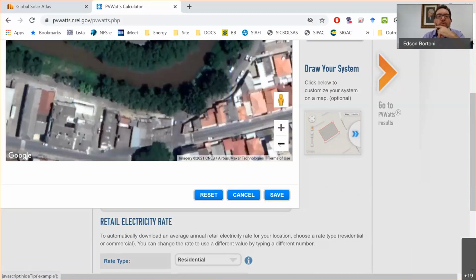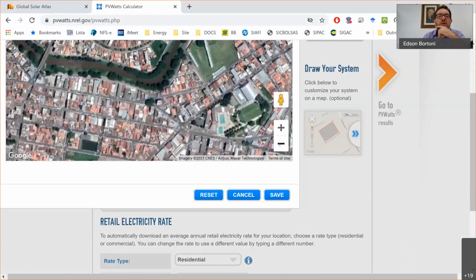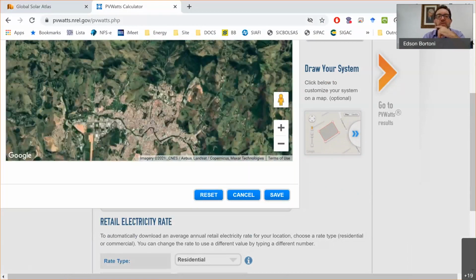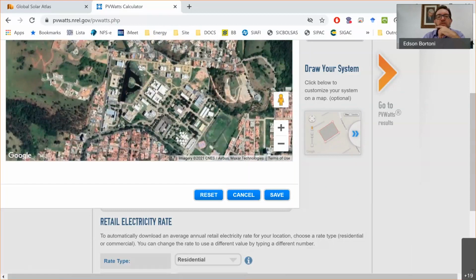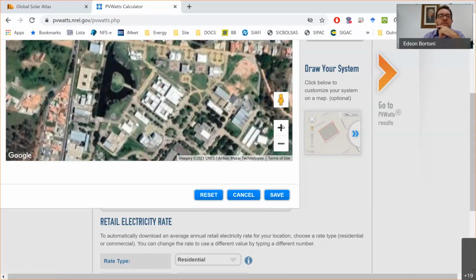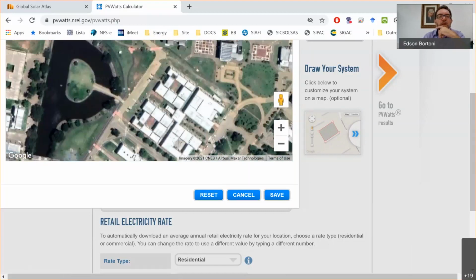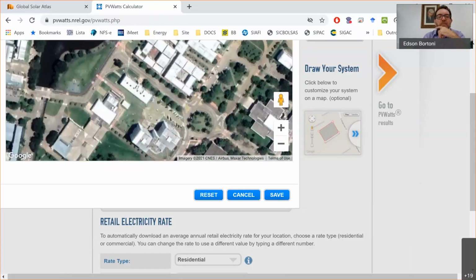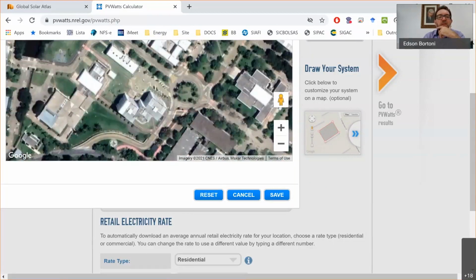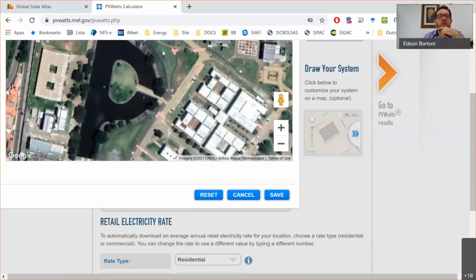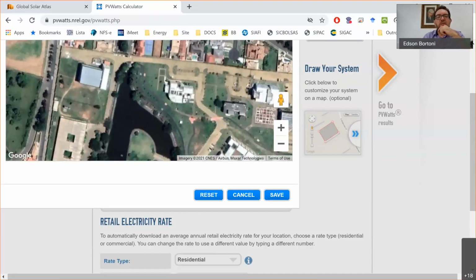I can look for my university. A very nice city. Right now I am here, exactly here. But I used to work here in the Center of Excellence in Energy Efficiency.